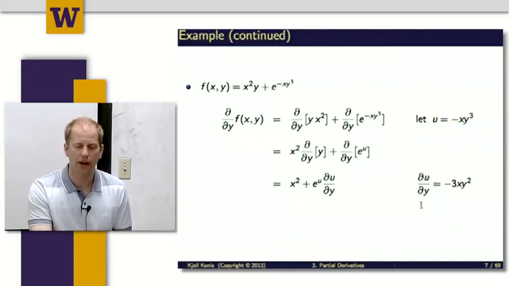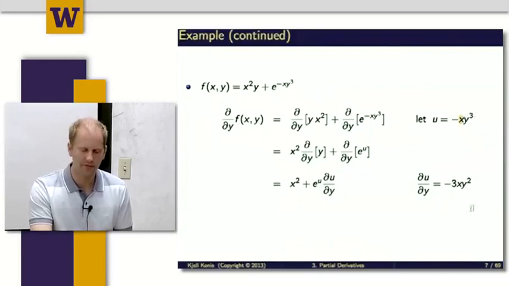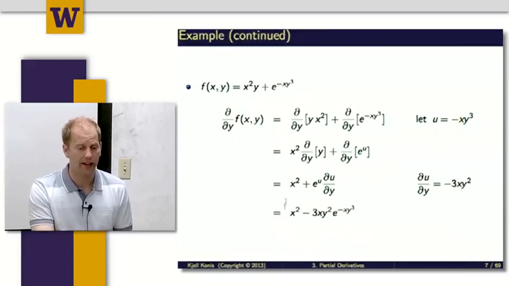So I have du dy equals minus 3xy squared. So that's here just treating x as a constant and taking the derivative of minus y cubed using the power rule. And then I just have to plug everything back in, and I get the partial derivative of f of x with respect to y.